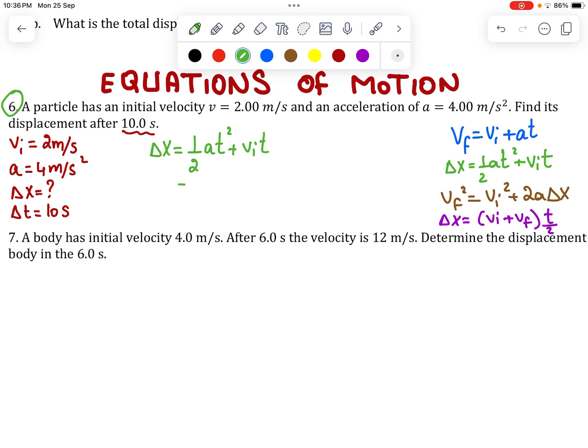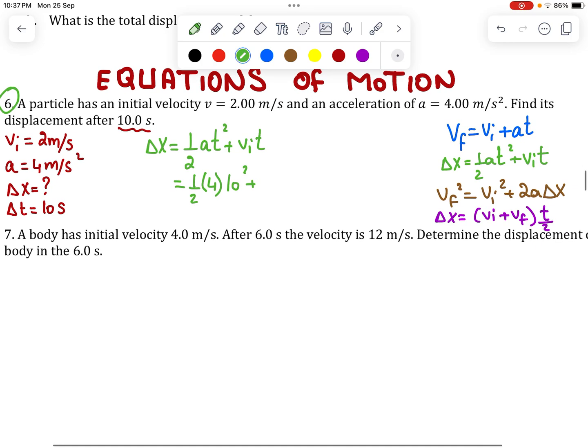Now replacing everything by its value, I've got 1 over 2 times 4 times 10 squared plus the initial velocity, 2, times 10. So 100 times 2 gives me 200, and a 20, which is a total of 220 meters.